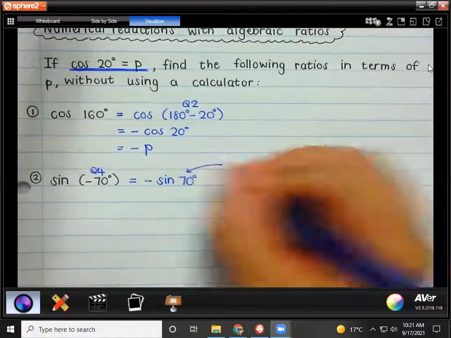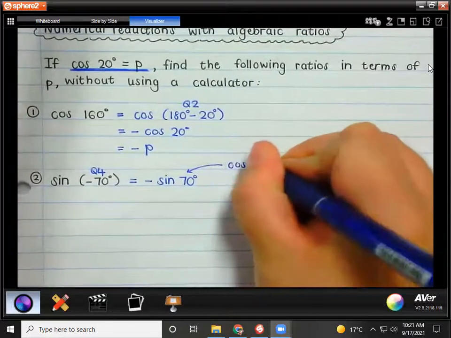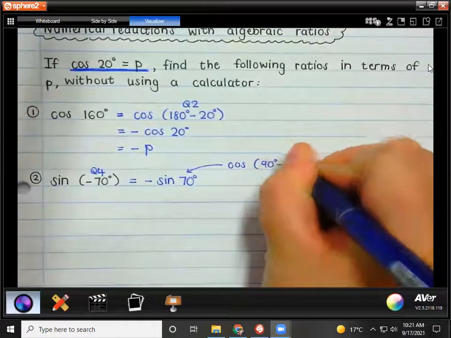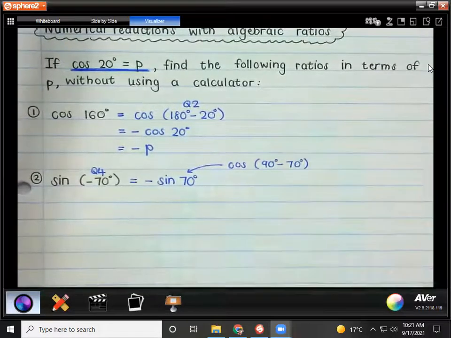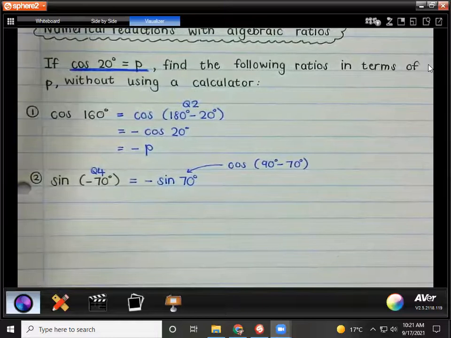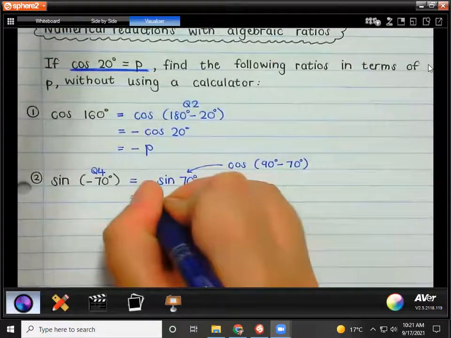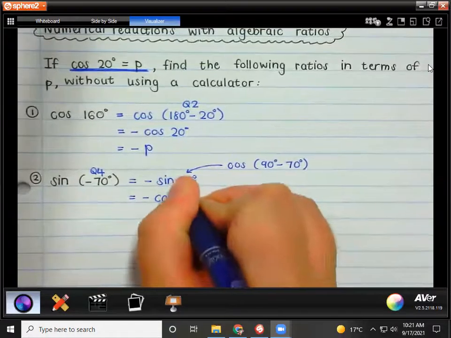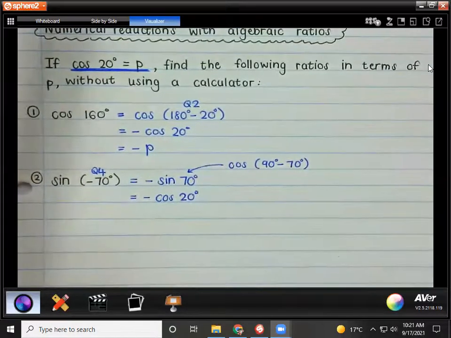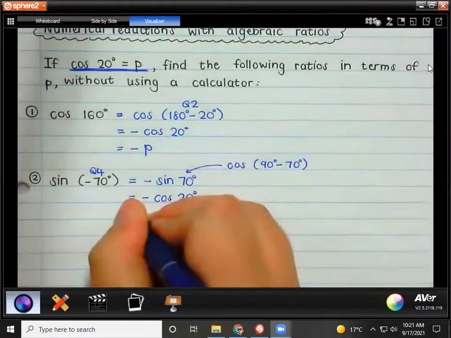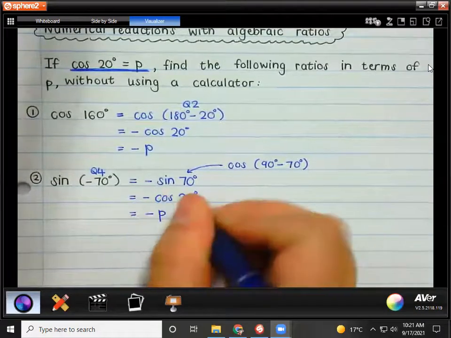Sine 70 is equal to cos of 90 minus 70. All right, you can just change sine 70 to cos 20 straight away, but that you do need to show, please. So negative sine 70 is going to be negative cos 20, which again is negative P.